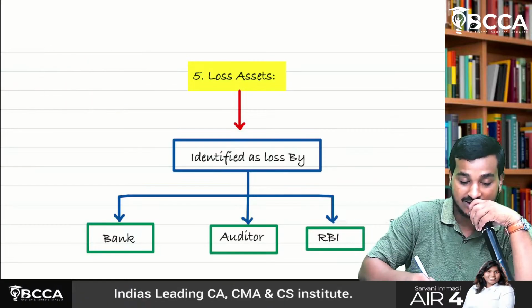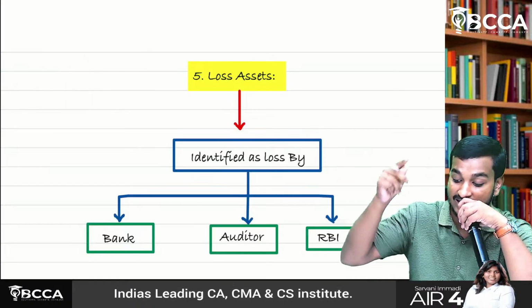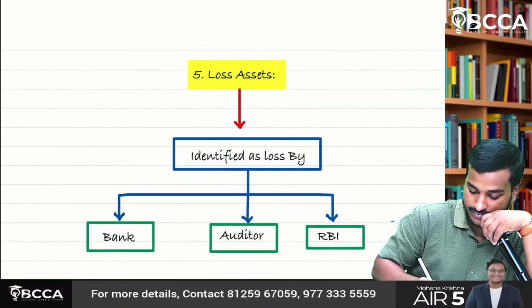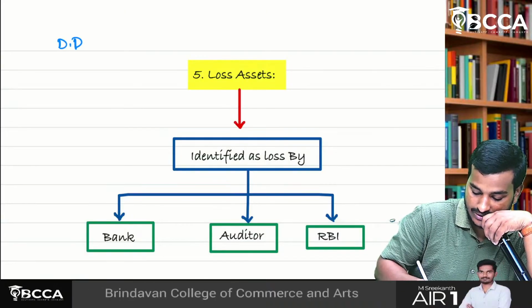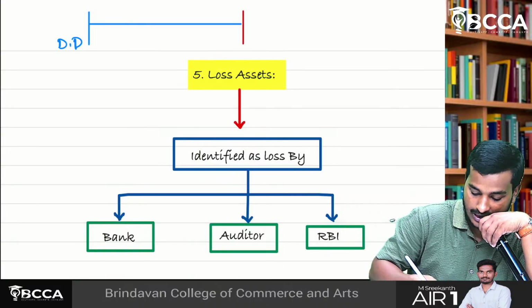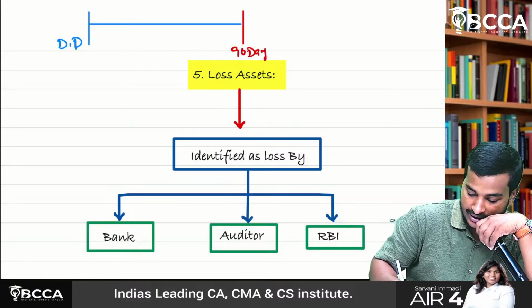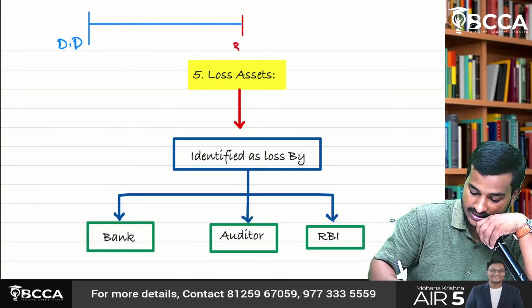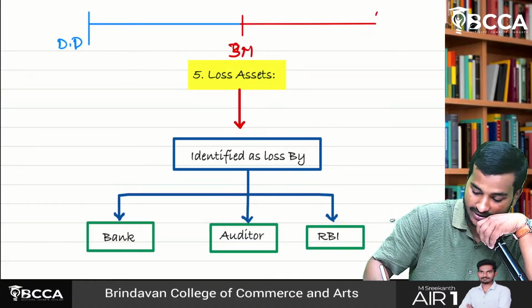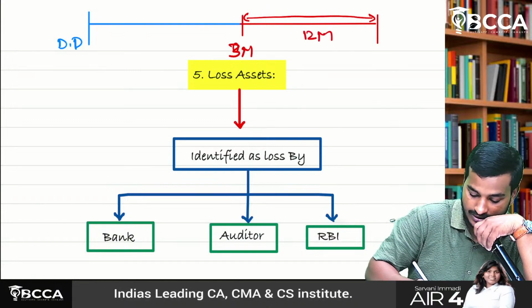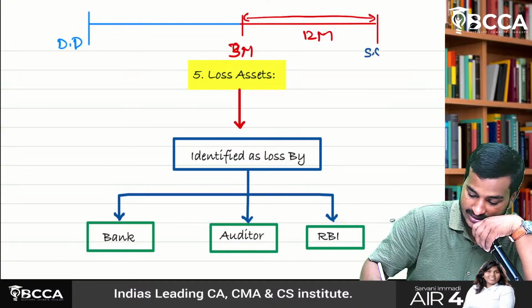And one more thing, this is very, very dangerous. People will definitely make a mistake here. Listen very carefully. This is the due date. Up to 90 days, 90 days means I can say 3 months on an average. From here, 12 months, they will be called substandard asset.